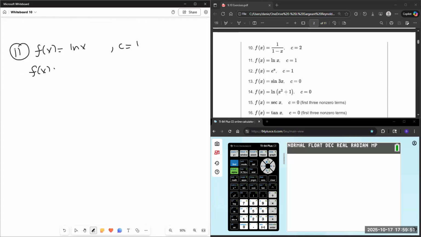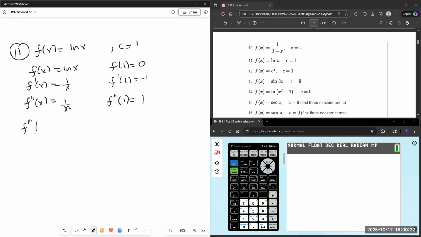So f of x is ln of x, f of 1 is 0, f prime of x is 1 over x, f prime of 1 is 1, f double prime of x is a negative 1 over x squared, f double prime of 1 is going to be negative 1, f triple prime of x is a positive 2 over x cubed, f triple prime of 1 is equal to 2.